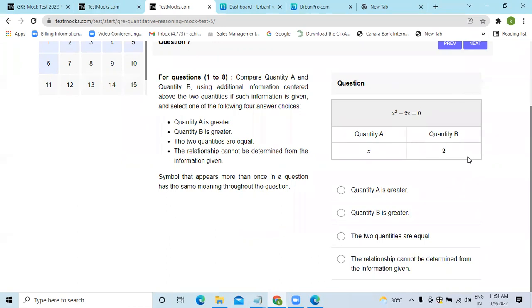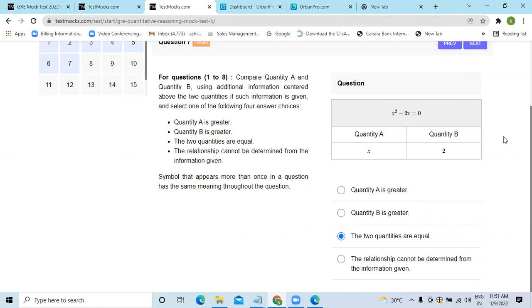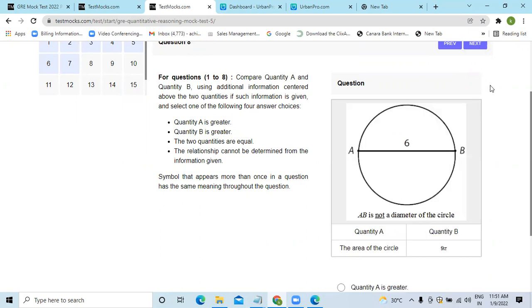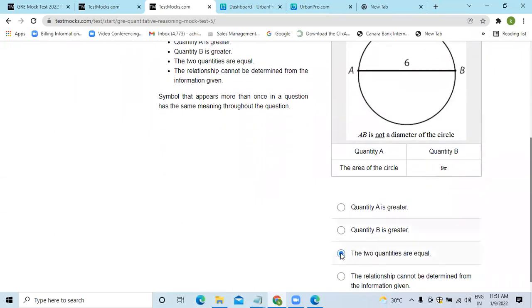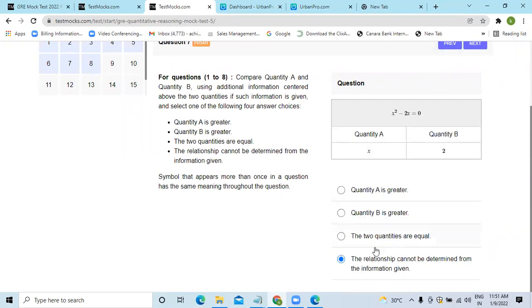The two values are equal, sir. Okay. Oh wait, can you go back to the previous one? They cannot be determined because x can be 0 as well. Second, take x common, that leaves you x minus 2. Oh, no, sir, that's gonna be C only. The quantities are equal. No, sorry, for the previous question, that's gonna be C. If you go back to the previous one, yeah, that's gonna be C.